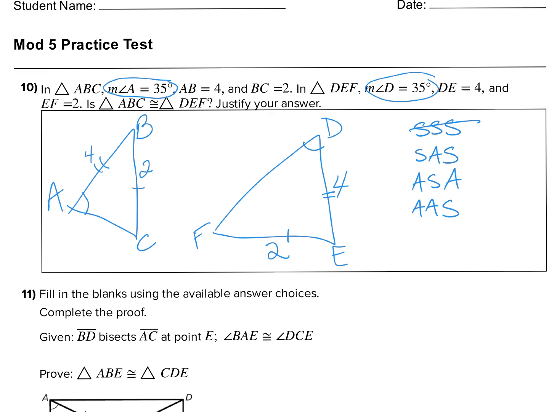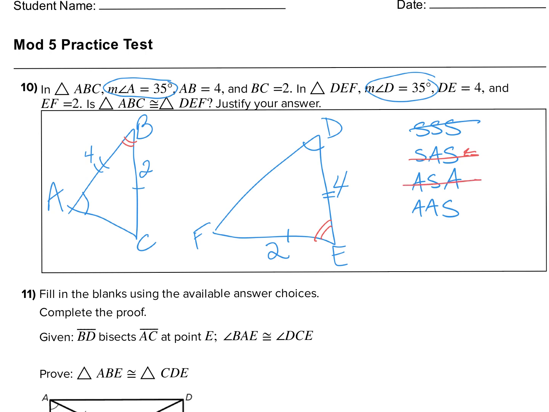Now we're given 2 sides and an angle, but if you remember, side, angle, side, the congruent angle has to be in between the 2 congruent sides. So for these 2 triangles to be congruent by side, angle, side, angle B would have to be congruent to angle E. But that's not information that we're given. So it is not side, angle, side.